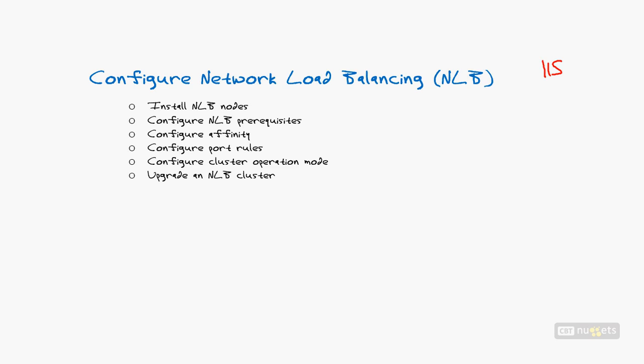NLB can also help in a couple of other cases as well, and these are kind of less used in many circumstances, but they're no less important. If you have a remote desktop services environment, multiple remote desktop services host servers, NLB is a way in which you can take those RDSH hosts and then load balance the incoming user connections across RDSH hosts.